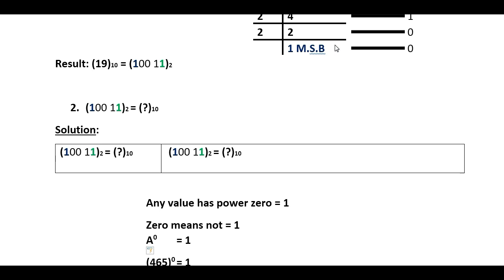In our course, when any system ends with decimal, we write the binary value with a subscript like this: 10011 base 2 is equal to, within a parenthesis, question mark base 10.